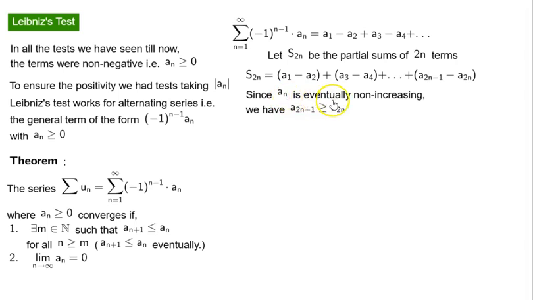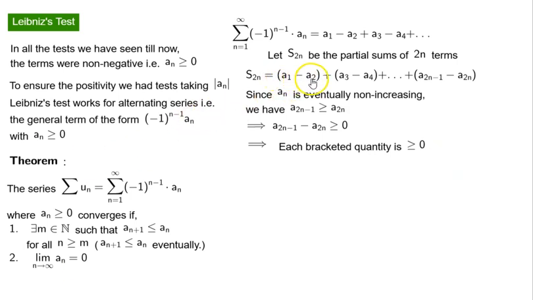Since a sub n is eventually non-increasing, we have a sub 2n minus 1 is greater than or equal to a sub 2n, which implies a sub 2n minus 1 minus a sub 2n is greater than or equal to 0, which implies that each of these bracketed quantities is greater than or equal to 0.